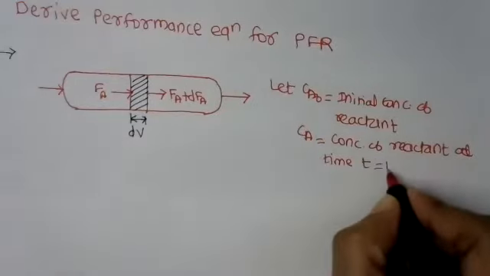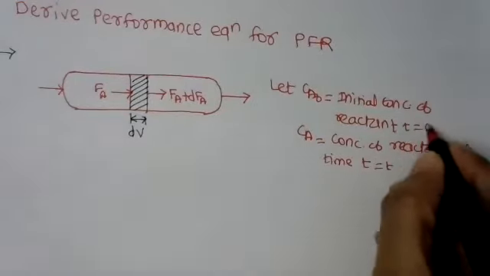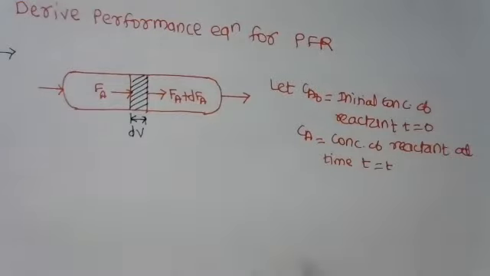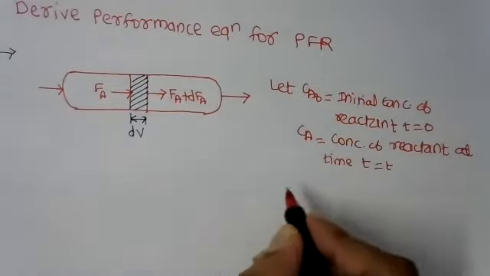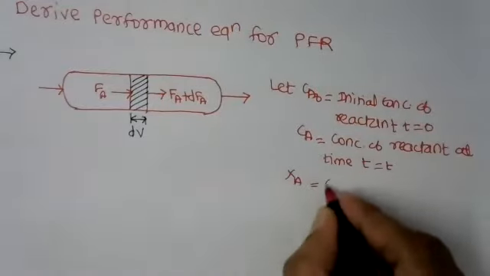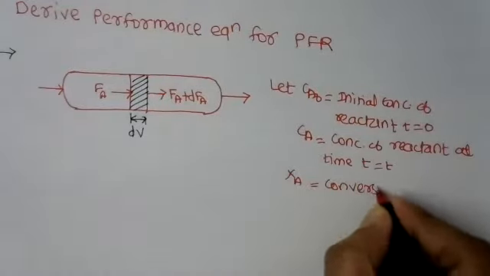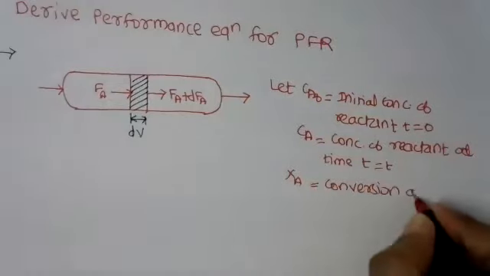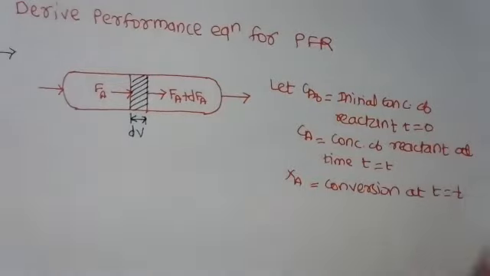I will consider the start as t is equal to 0. Let Xa be the conversion at t is equal to t.